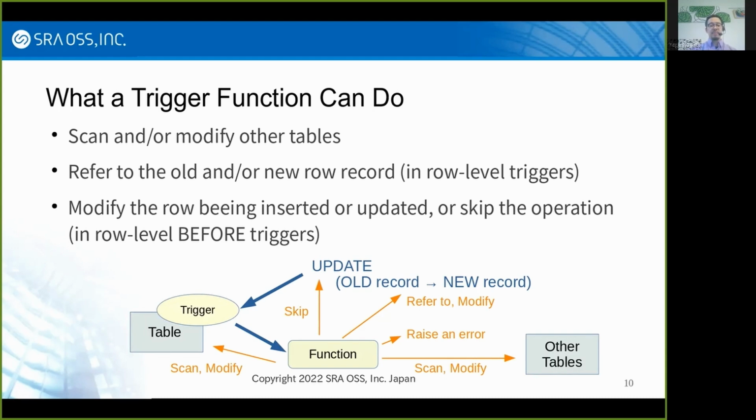A trigger also can modify the row being inserted or updated, so you can use a trigger to do some tricks on the command itself, or you can skip the operation itself if the trigger is defined as a row level before trigger. Also, you can raise an error in the trigger in order to abort a transaction.